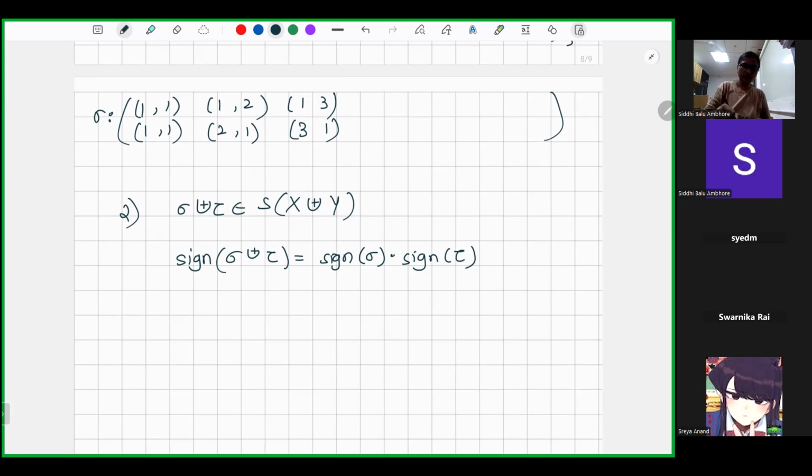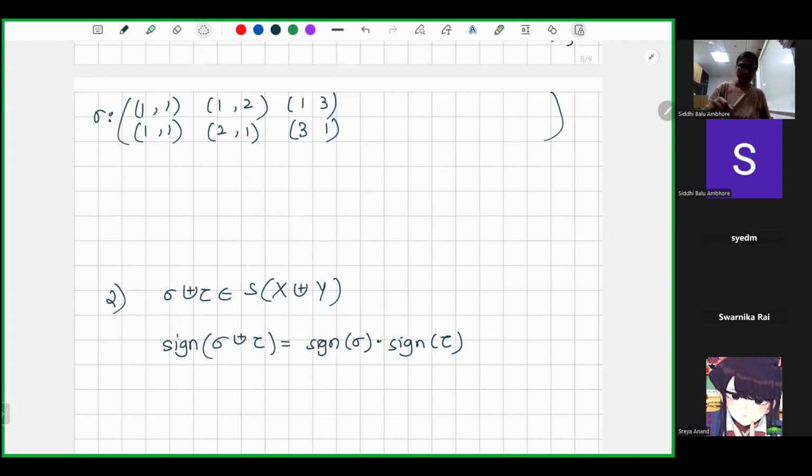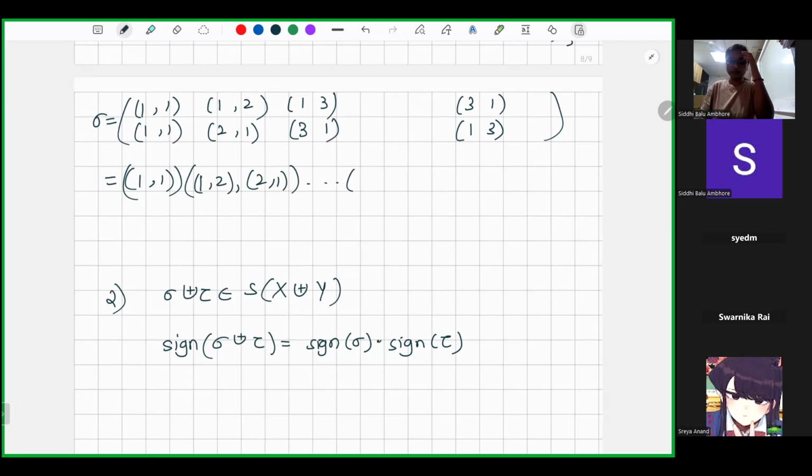Yeah, so this one, let me just do this. We have to find, this was my sigma, right? And here this 3 1 will go to 1 3. So everything is like this: 1 1 is fixed. This 1 2 and this 2 1 will give me another cycle. And all those disjoint cycles, and this will end here.